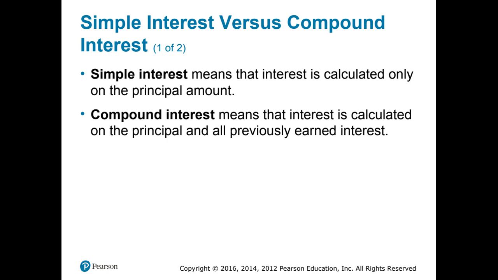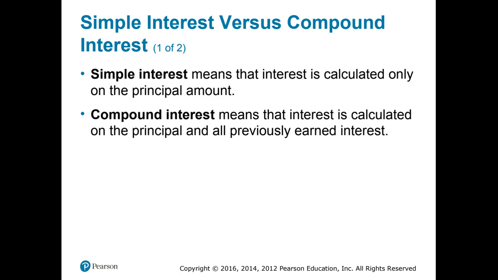So compound interest is a little bit more difficult to calculate, but it normally tends to have a better, I guess it depends on who you are, if you're the one paying the interest or you're the one receiving the interest. So I'm just not going to say that. Because if you're paying the interest, you probably prefer simple interest.